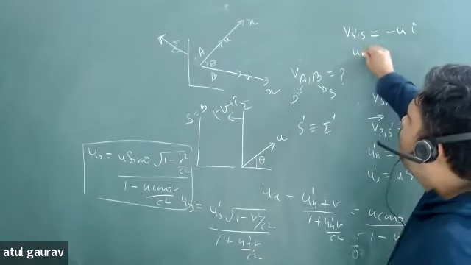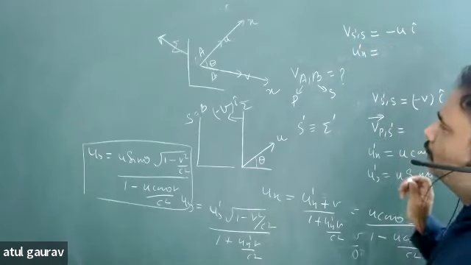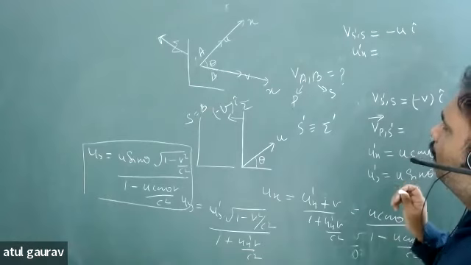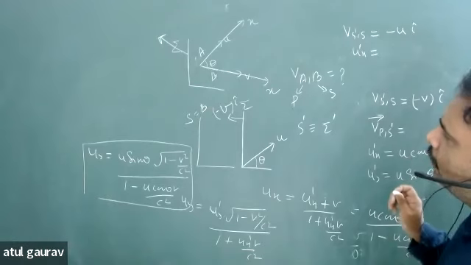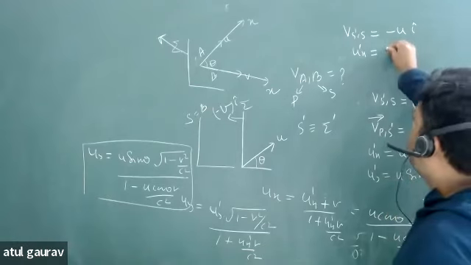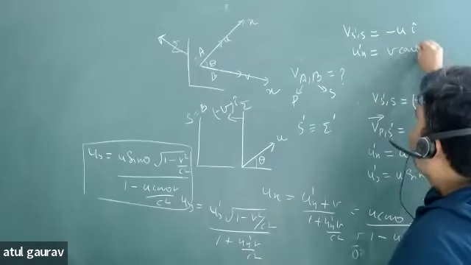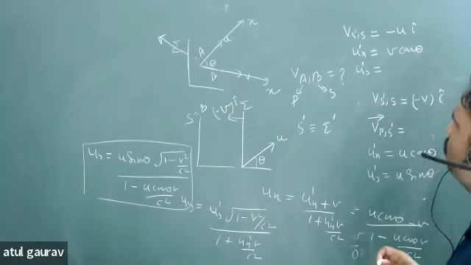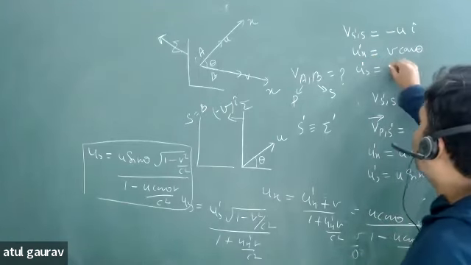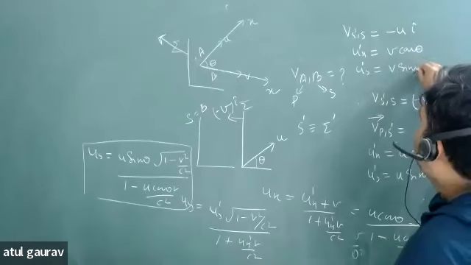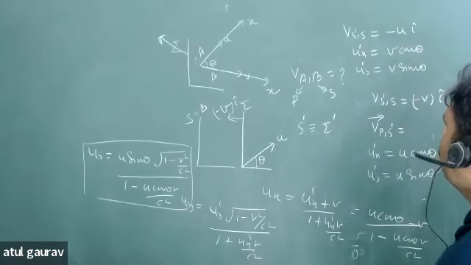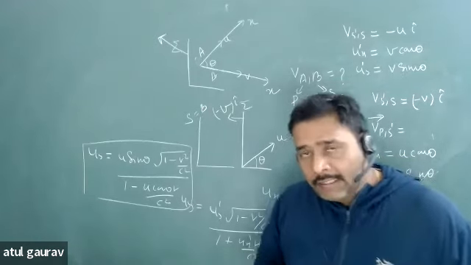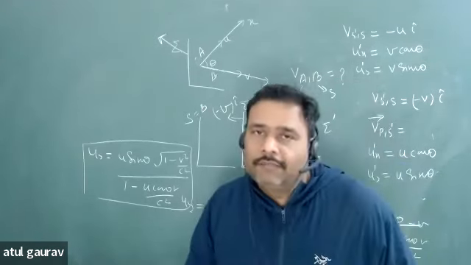What is your ux dash? v cos theta. So that value is v cos theta. What is your uy dash? Minus v sin theta. You can take plus or minus, so there is not any problem. You can use this type of trick when there is not any particular direction given.